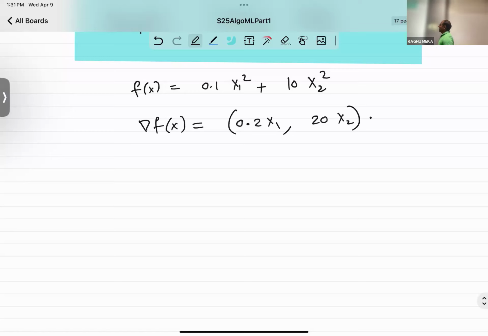So the gradient is typically very big in the second coordinate compared to the first coordinate. So they're operating in completely different scales. If I run gradient descent or even stochastic gradient descent, what happens? I would set x_{i+1} as x_i minus this.